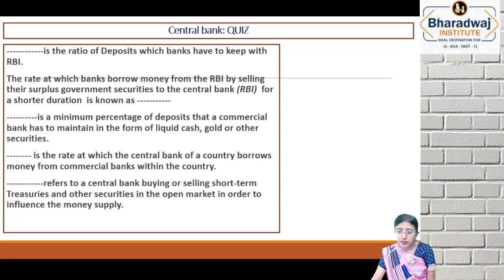That's the rate at which the central bank of a country borrows money from commercial banks within the country. That's referred to as a central bank buying or selling short-term treasuries and other securities in the open market in order to influence the money supply.